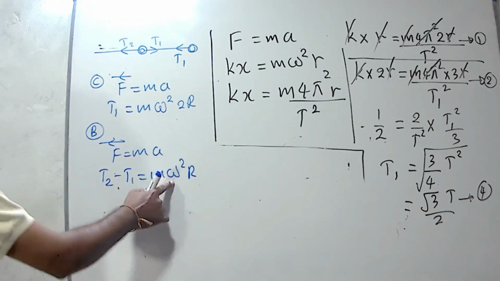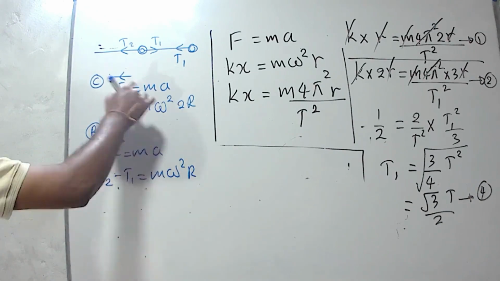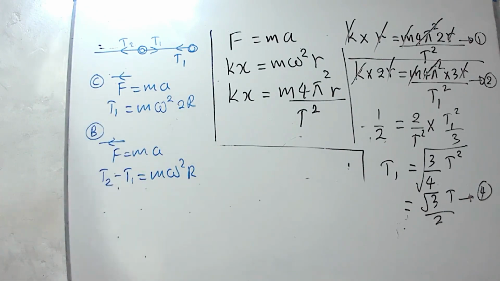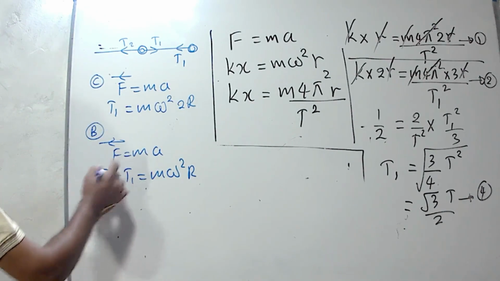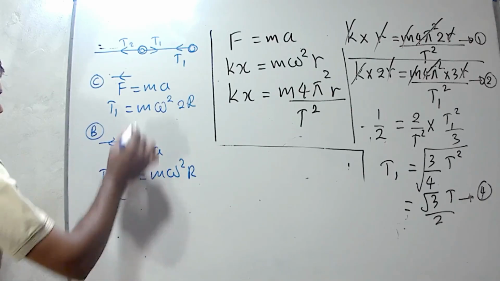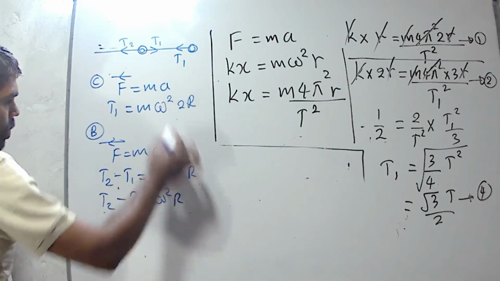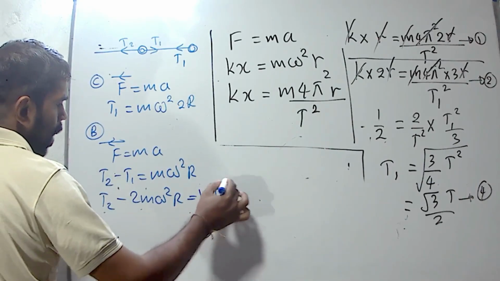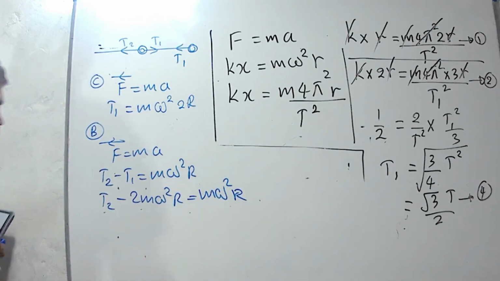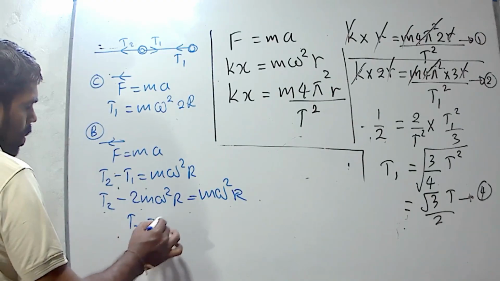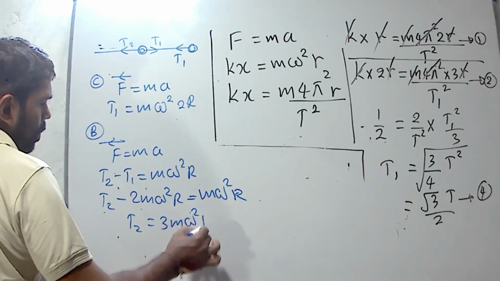Now the radius is r, and omega is the same as the previous one. Then I will substitute the T1 value, M omega squared 2r, into this equation. Now we can get T2 is 3M omega squared r.